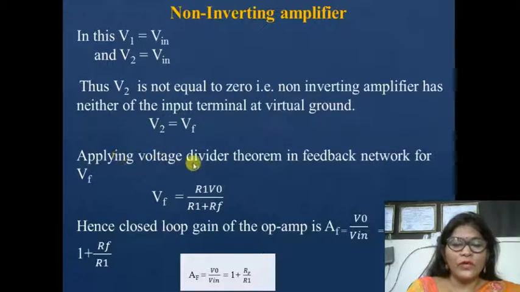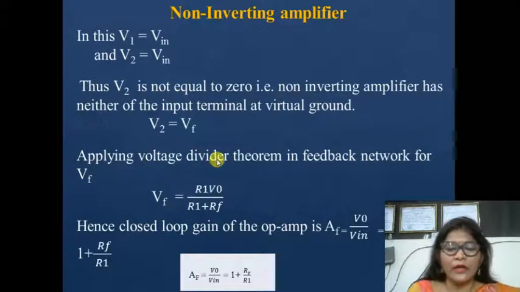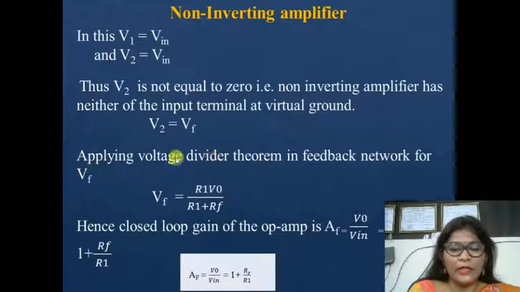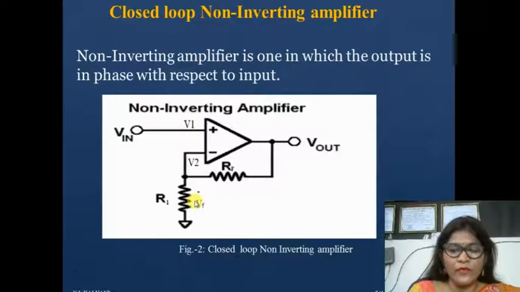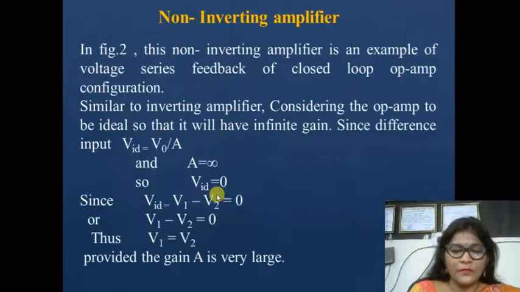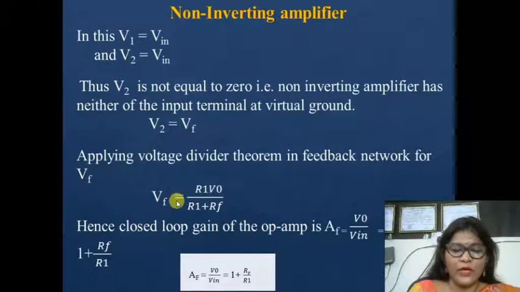Therefore, we apply the voltage divider theorem in the feedback network for Vf. According to this circuitry, this is Vf. So how do we calculate this Vf? Vf is equal to R1 into V naught upon R1 plus Rf.